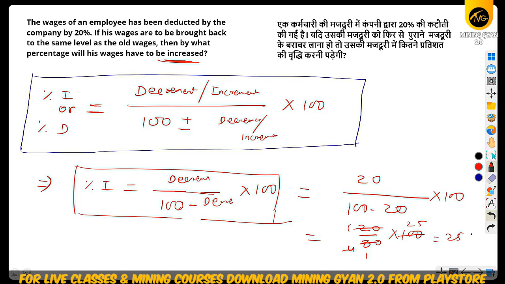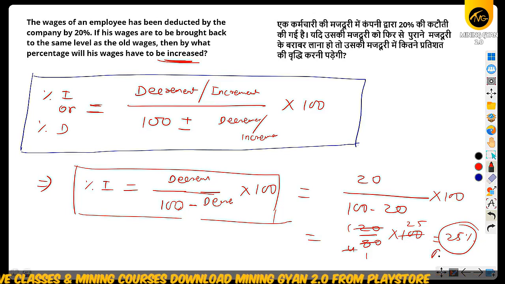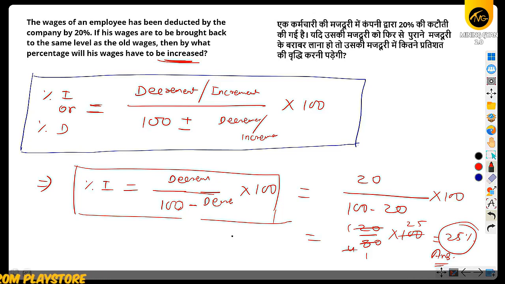So 25%. इंक्रीमेंट करने पर वापस उसका वेजेस या सैलरी सिमिलर हो जाएगा. Okay, so this is the correct answer. 25% इंक्रीमेंट करना पड़ेगा. If you want to bring back the same level of wages, then we have to increase their wages by 25%.